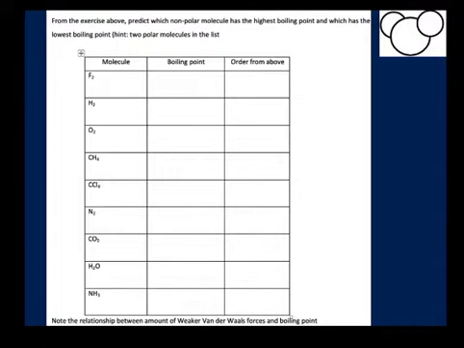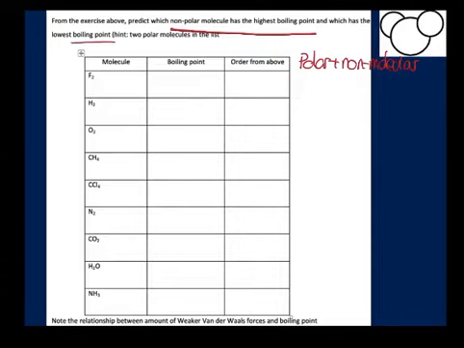Then here you're just going to have a look. We have to subdivide the things now. So you are going to have a look at these molecules, and if you want to write it over here, decide: are they polar or non-polar molecules? So this is using your rules. I want you to tell me which non-polar molecule has the highest boiling point and which has the lowest boiling point.